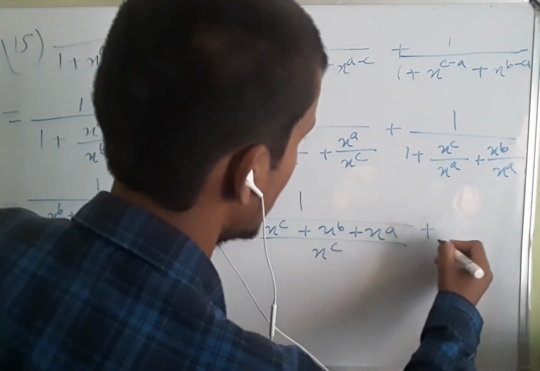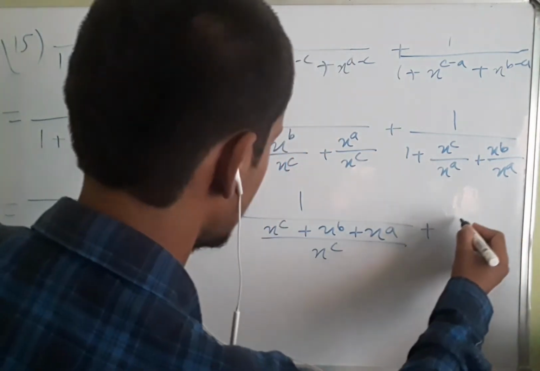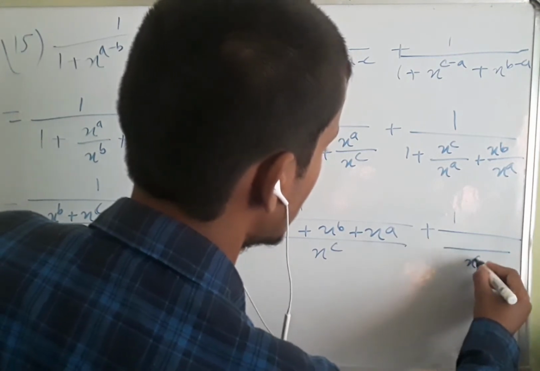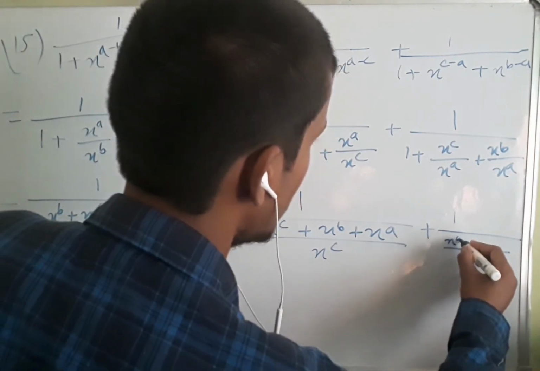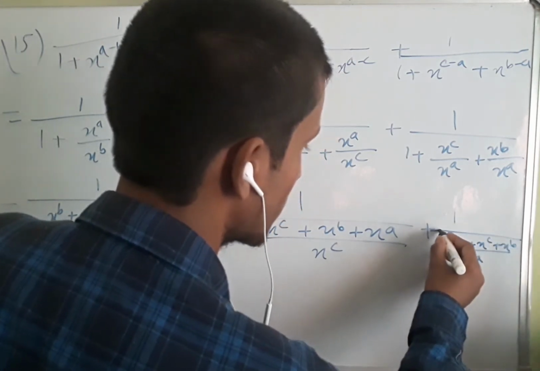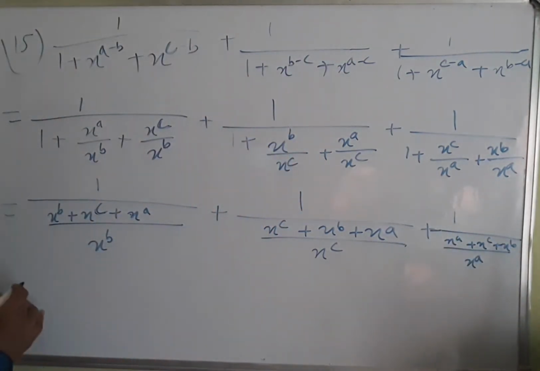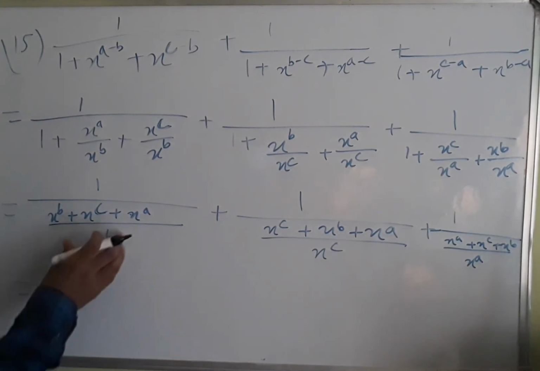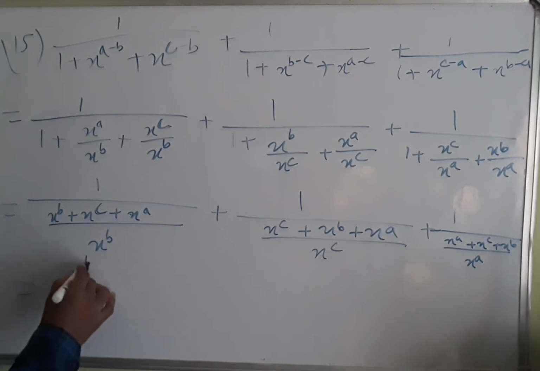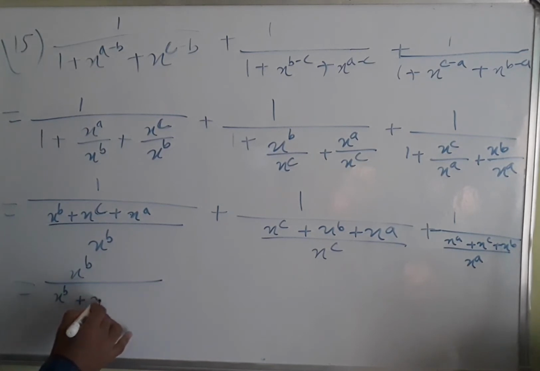Plus, I can write this now as 1 over x to the power a at the bottom: x to the power a plus x to the power c plus x to the power b. Okay, so this is the bigger division. Now what I can do is send this above, and this will be x to the power b divided by x to the power b plus x to the power... let's write x to the power a first, because that will be in order.